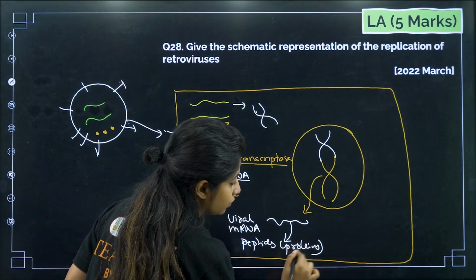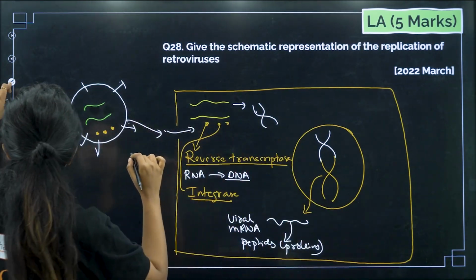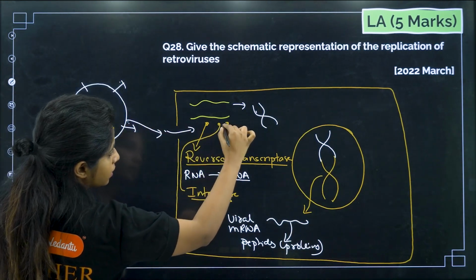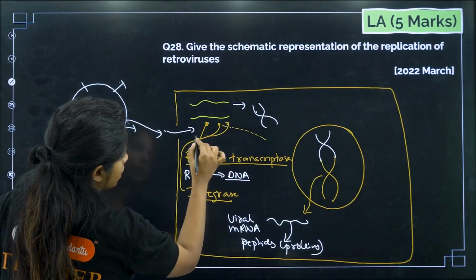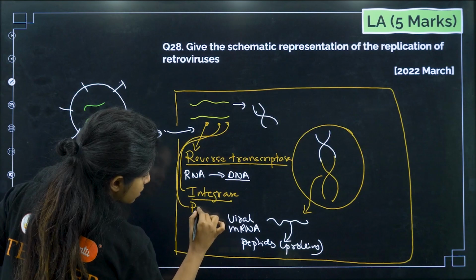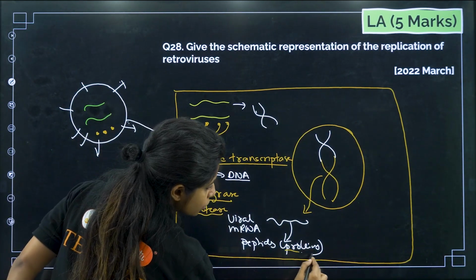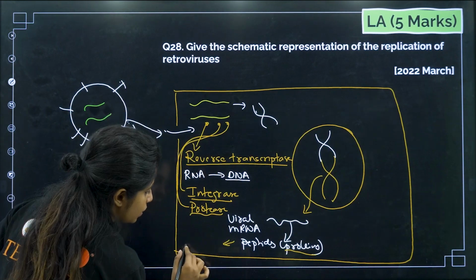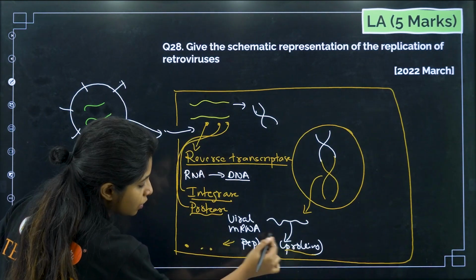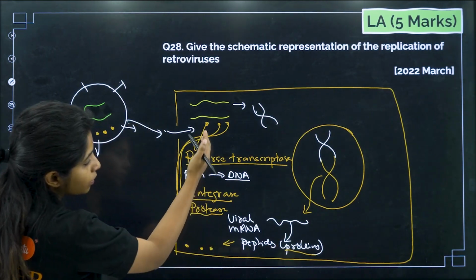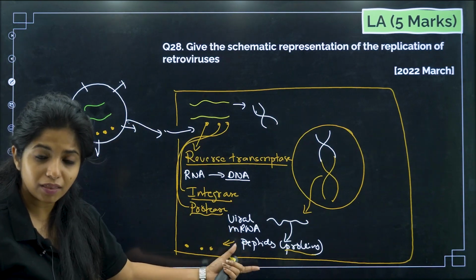And to make them active, you need another enzyme which is given by the virus only, and this will be known as protease. So protease will be basically breaking down the proteins into smaller fragments. These enzymes that you see are nothing but proteins themselves.